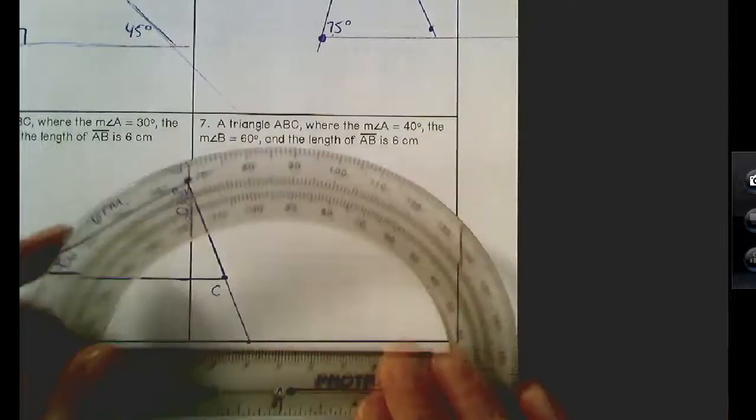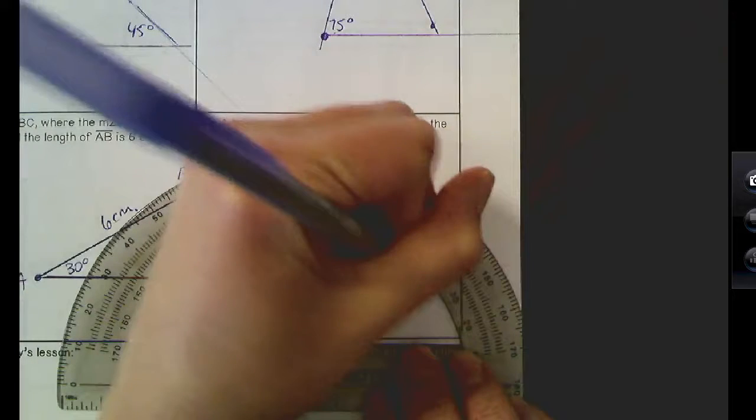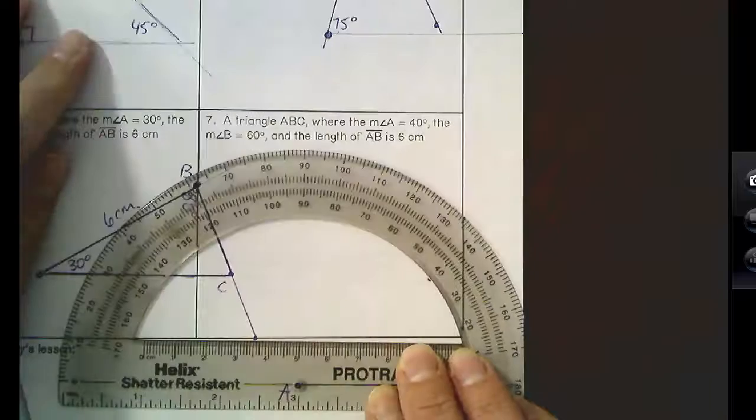And I'm going to start with angle A, which is 40 degrees. So I'm going to call this A right here, so I know that's angle A. Put a dot at 40 degrees, connect them.